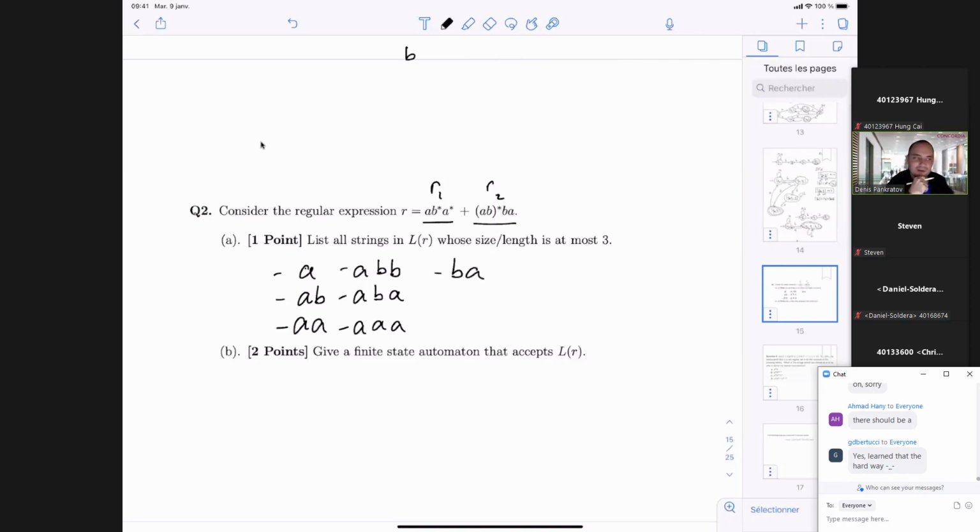So essentially for questions like this, I recommend that you have some sort of systematic way, rather than saying, oh, I see that A isn't here, AB isn't here, and then BA isn't here, and so on. You split this problem into several subproblems: a subproblem corresponding to R1, a subproblem corresponding to R2.